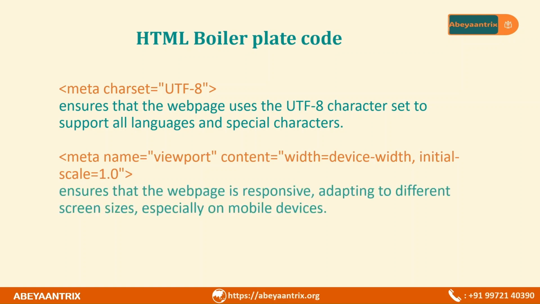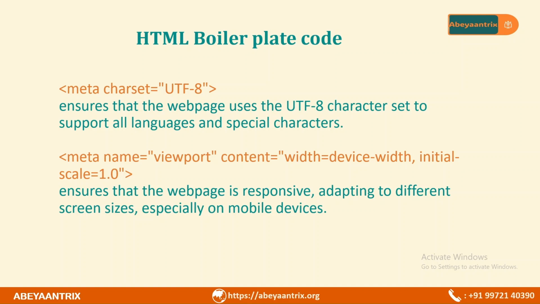So we use this to ensure the web page is responsive and adapts to different screen sizes. For example, you are using systems with different screen sizes like tabs, mobile phones, laptops, and monitors. They are all different sizes, right? So on every system, whatever page you are opening, it looks good and aligns properly in the design view.